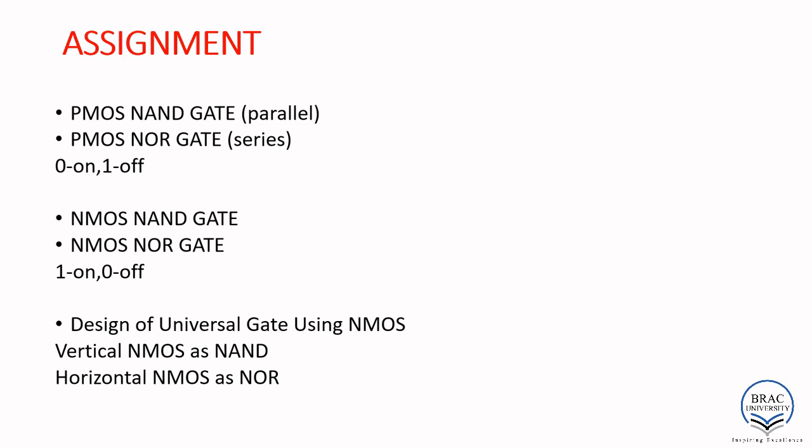Similarly, you design an NMOS NAND gate and an NMOS NOR gate, and the logic is it will be on for 1, off for 0. Also design a universal gate using NMOS, where you need to consider vertical NMOS as NAND, horizontal NMOS as NOR.